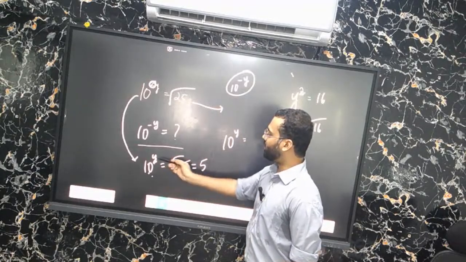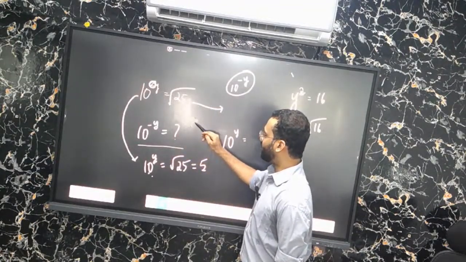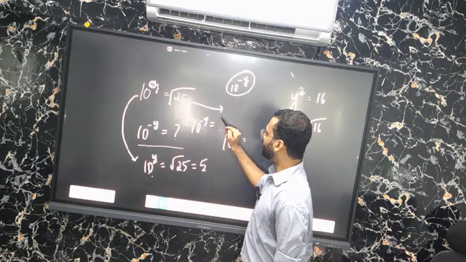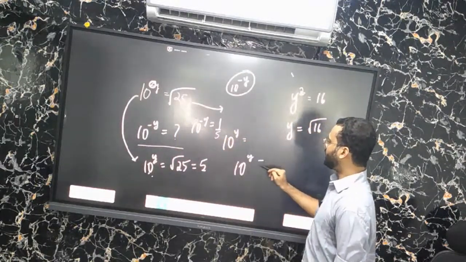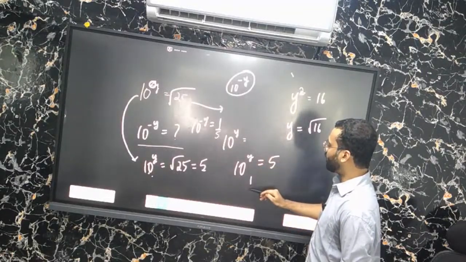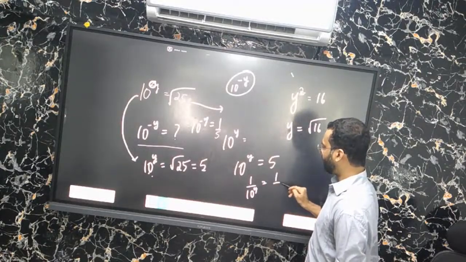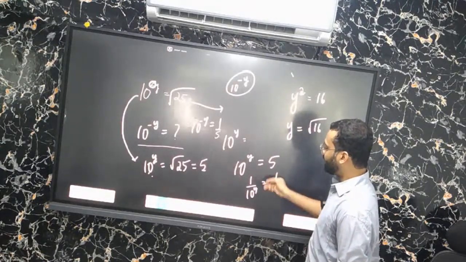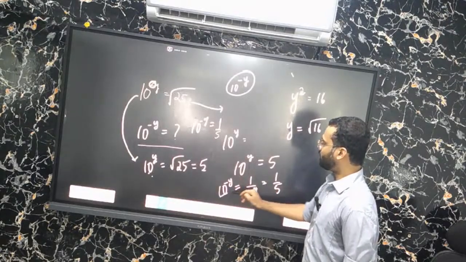If 10 power y is 5, then what is 10 power minus y? 10 power minus y will become nothing but 1 by 5. How? If 10 power y is equal to 5, then 10 power minus y is 1 by 10 power y, that is nothing but 1 by 5. And 1 by 10 power y is nothing but 10 power minus y.